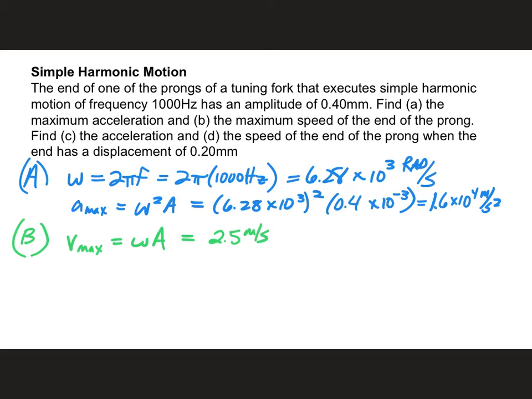So the ends of that fork, even though they're just vibrating over a tiny 0.5 millimeter or so, that linear speed of vibration is pretty darn fast, especially on that scale. That's why it's blurry. If you were looking at it, you would see this blurry little vibration.